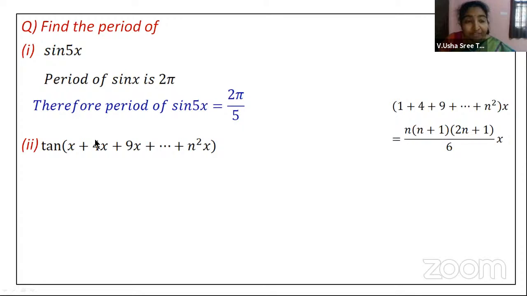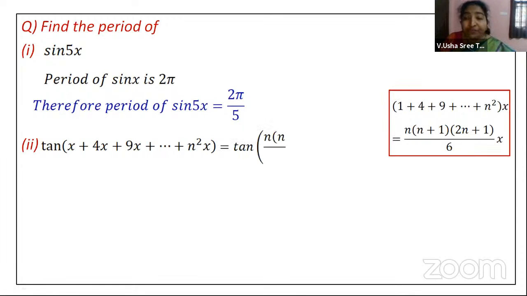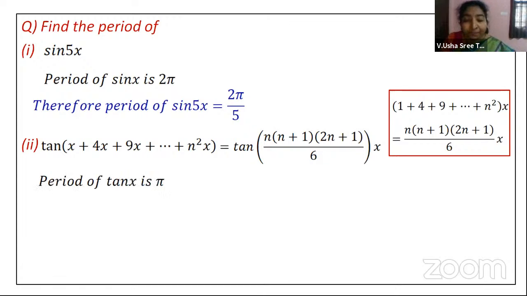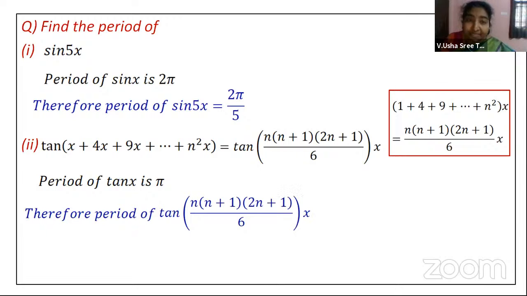So instead of this whole bracket, we can always write it as tan of n into n plus 1 into 2n plus 1 divided by 6 into x. Now observe children, period of tan x is what? It is pi. Then period of tan of n into n plus 1 into 2n plus 1 divided by 6 into x will be pi by n into n plus 1 into 2n plus 1 divided by 6.